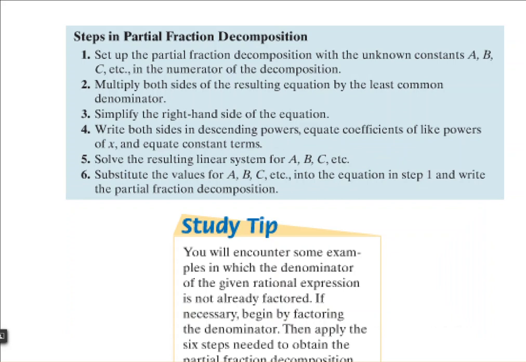Step 4, write both sides in descending powers, equate coefficients of like powers of x, and equate constant terms. So we'll end up with some new equations from that. It's a linear system, and then we will solve the linear system for whatever variables we have, a, b, c, d, and substitute those back into the equation in step 1, the part that we created on the right hand side.